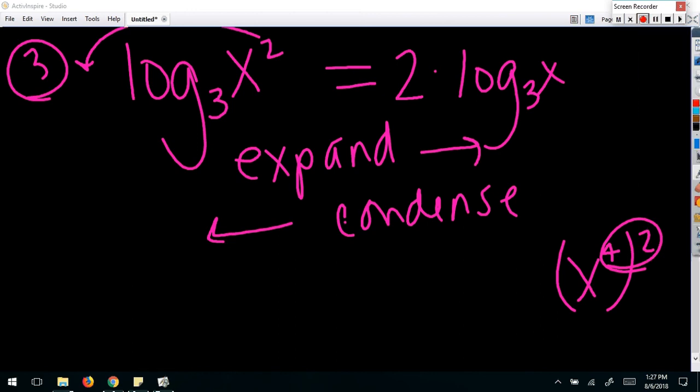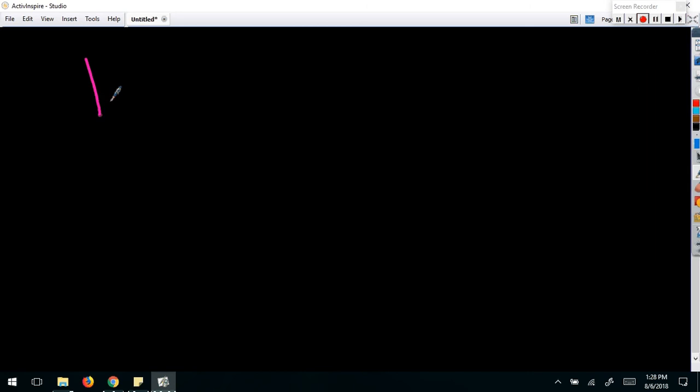So let me show you an example here where we use multiple properties. If I were asked to expand and simplify something like this, I could first split that fraction up using that second property.